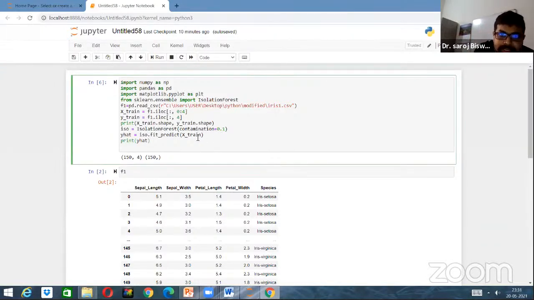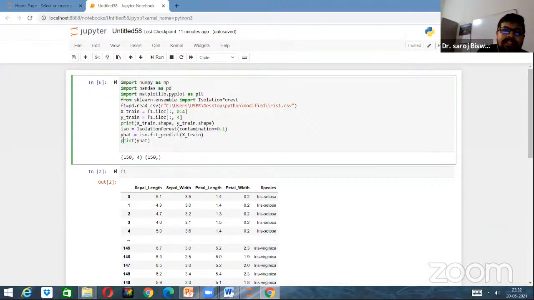Try to understand: whenever some pattern is treated as an outlier, its score is -1. If it is a normal pattern, then its score is 1. So for 150 patterns, this function has already calculated the scores. If they are normal, then 1. If they are outliers, then -1.